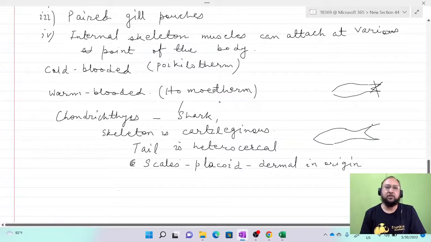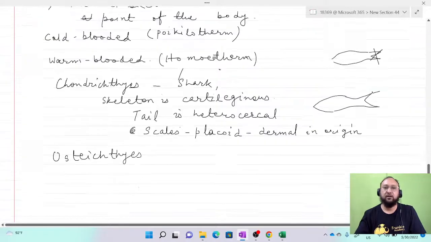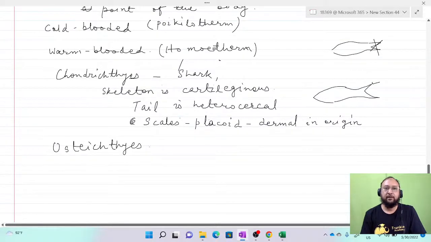Okay. In osteichthyes, that is all the bony fish, the skeleton is bony.